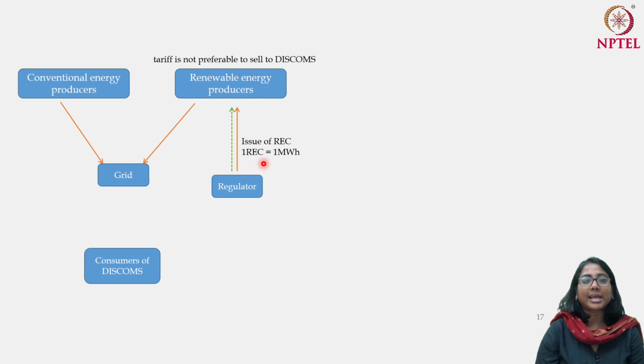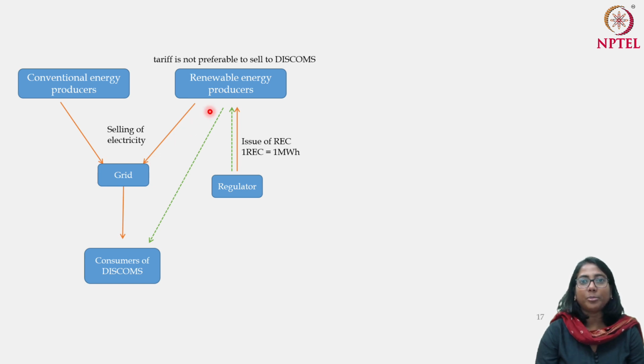The renewable producer can also supply the power directly to the customers, but this is one of the examples. From the grid, as they sell the electricity to the grid, the discoms are selling this to the customer. Now see that these renewable energy producers, once they have sold the power to the grid, are left with one attribute only.